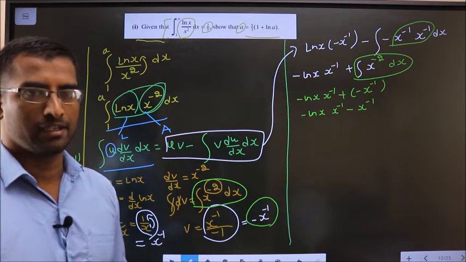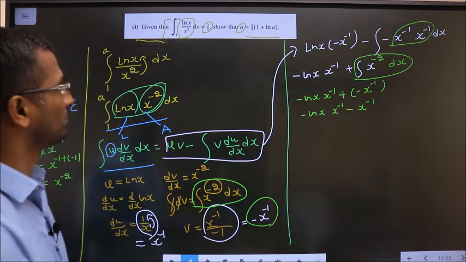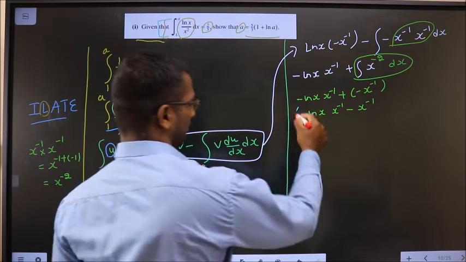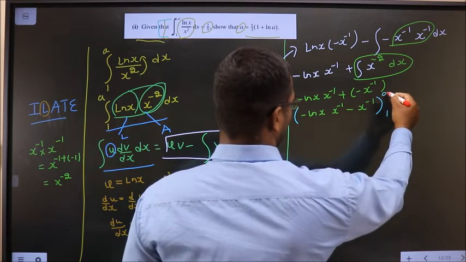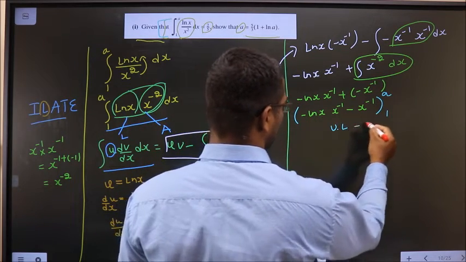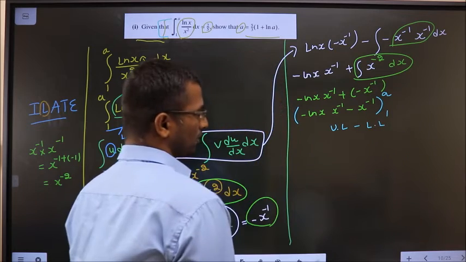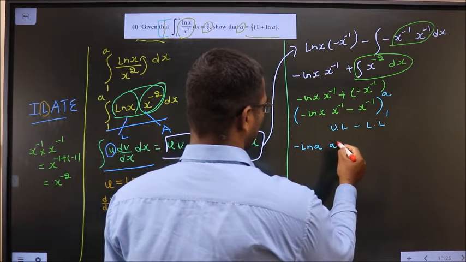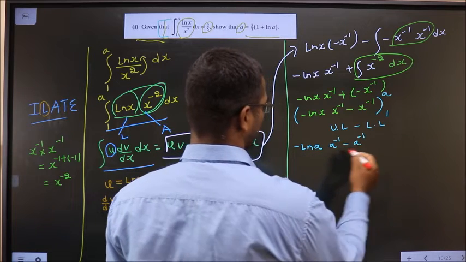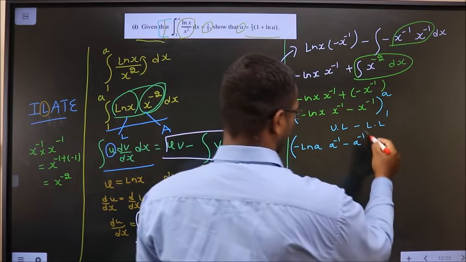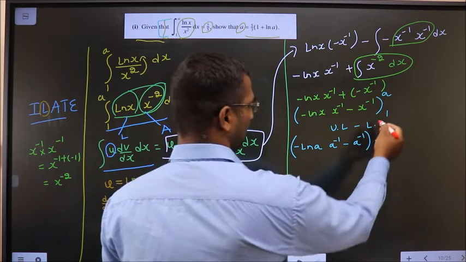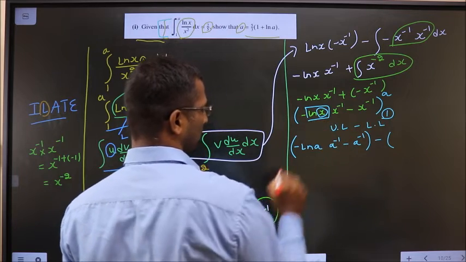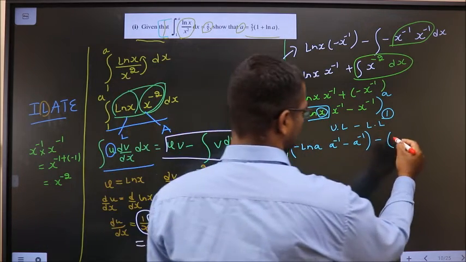Integration is completed. Now apply the limits. Given limits are 1 to a. First upper limit minus lower limit. So put the upper limit, what do I get? Minus ln a power minus 1 minus a power minus 1. Minus, when I put the lower limit 1, I get ln 1. ln 1 is 0, so 0 into anything, gone, 0.